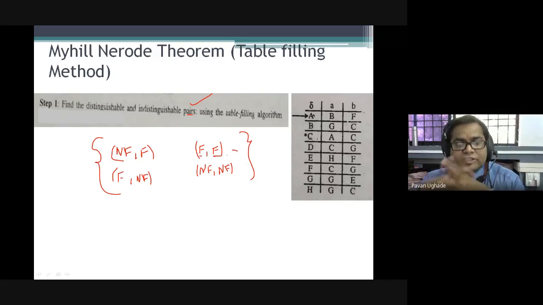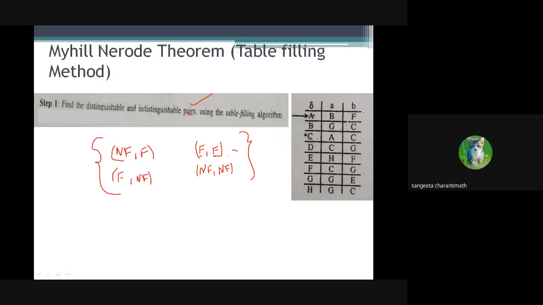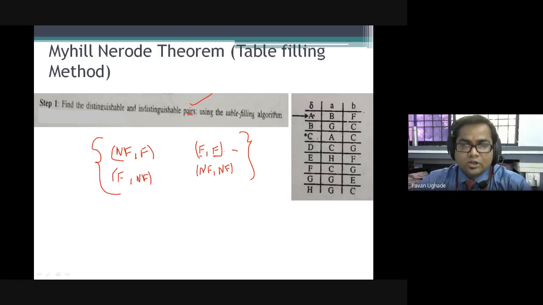If you are not understanding the meaning of distinguishable and indistinguishable, then let me take it your way: whether they are of the same pair or of a different pair. Same pair. Okay, there is no adulteration, meaning if first is final, second is also final, so we will say same, I will call it indistinguishable.